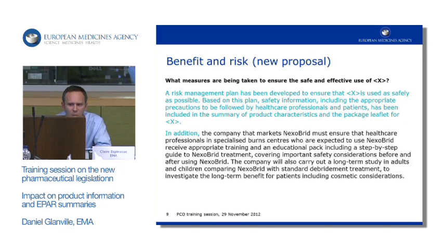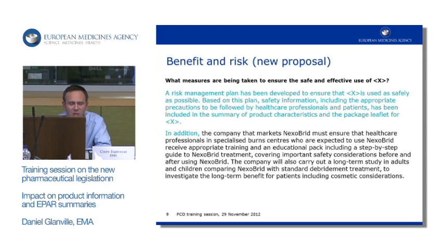And what we're proposing actually in future is, in order to raise awareness of the risk management plan, to have this question as standard in every single EPAR summary, and to include the text that I've put in blue here, just to state that the risk management plan exists for the product, and if there are only routine risk management measures, just to include a standard template text, which I'm showing on this slide.